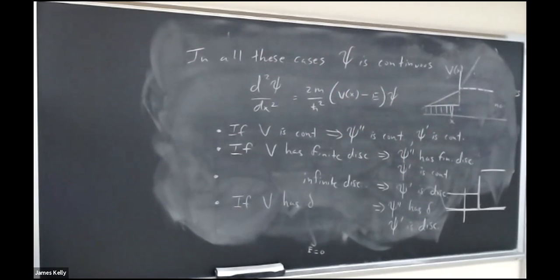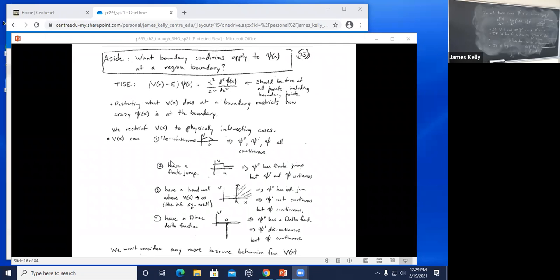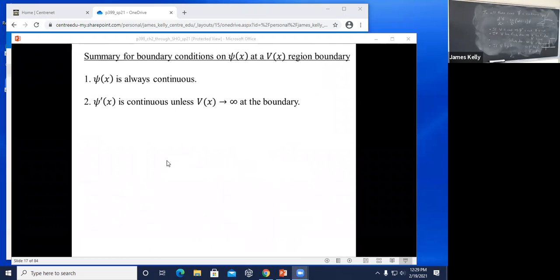Okay, it seems like an amazing mess, but now we're just going to summarize this in one statement of what we found out there. Hopefully I've got this written in here. Somewhere here. Okay, so here's the summary. If you look at all these cases, this is what we found for the kinds of potentials we're going to limit ourselves to.